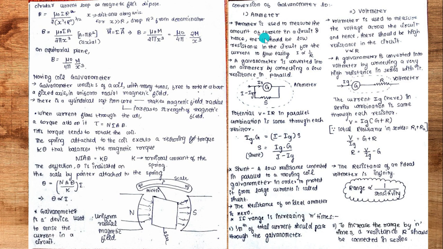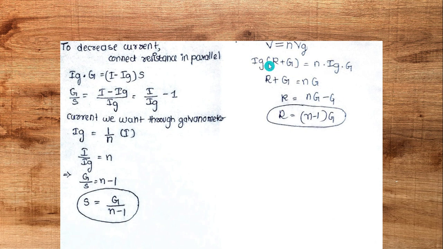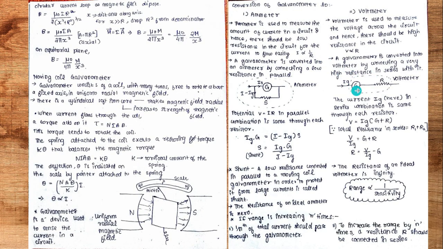So what is my V? As we calculated in this step, V is equal to Ig into G plus R, right? So I will substitute that. And what is my Vg? That is only the potential across the galvanometer. It is G into Ig, right? Only this part you see.